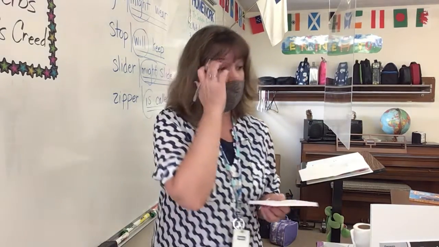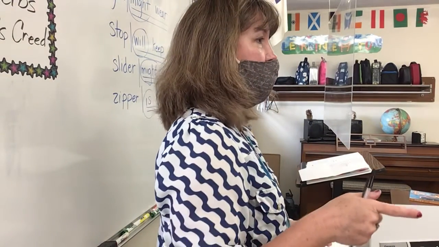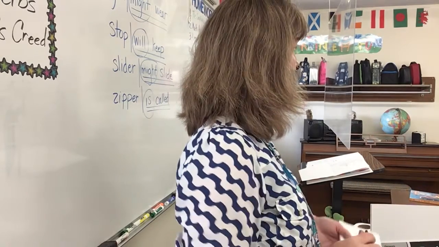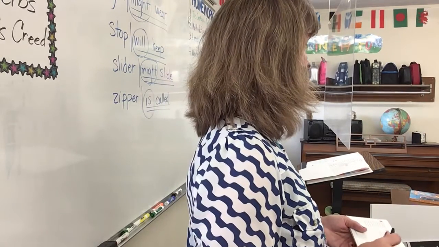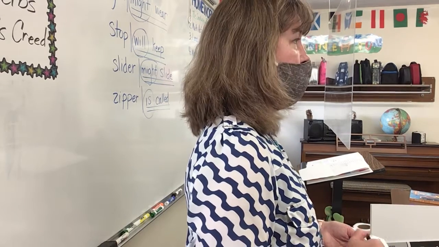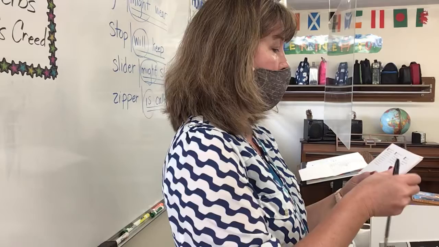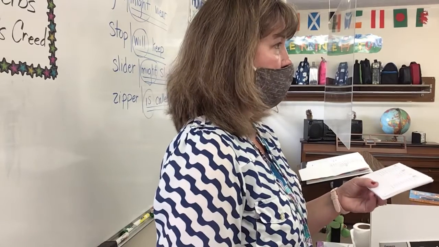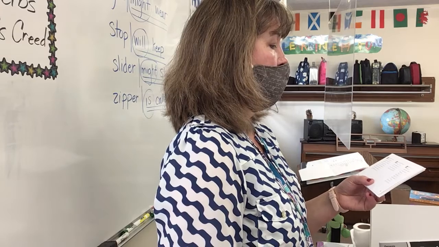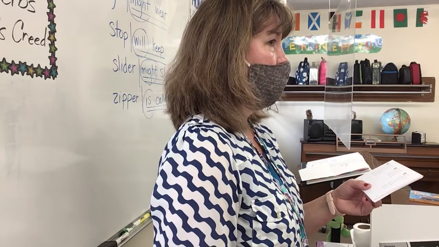Okay, numbers 18 and then 1, 3, 5. I'm 17. Ready? 8 plus 6 times 1 minus 3 equals 11.